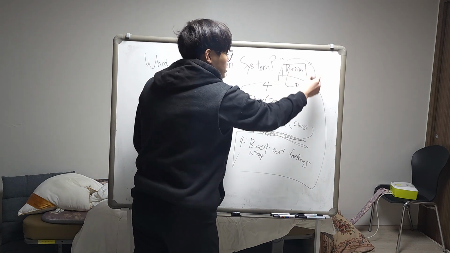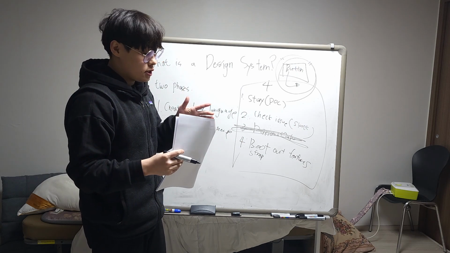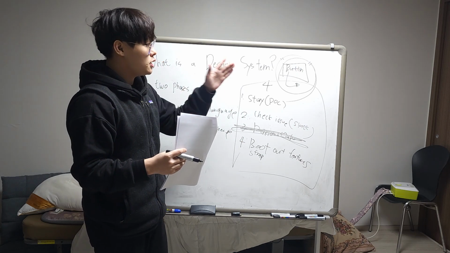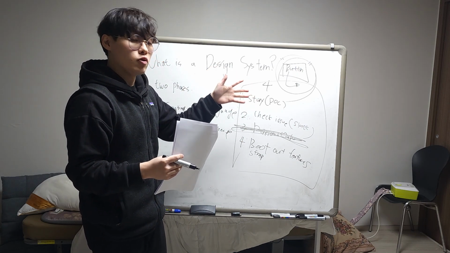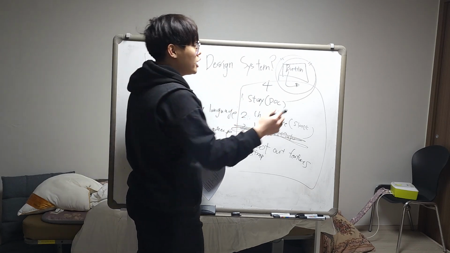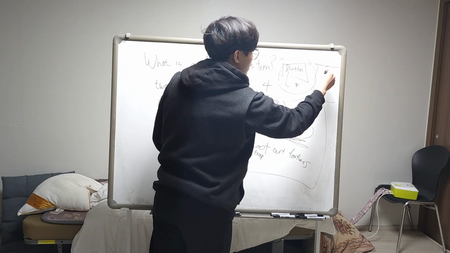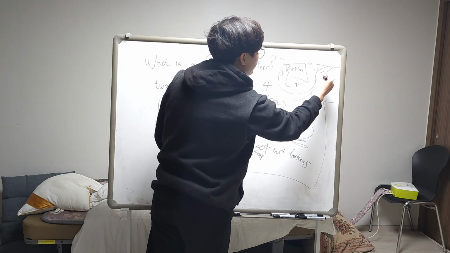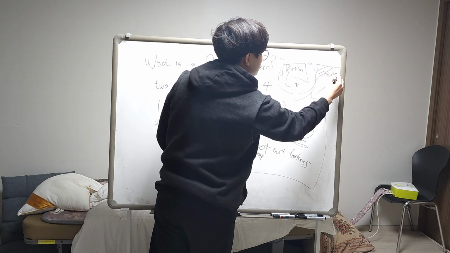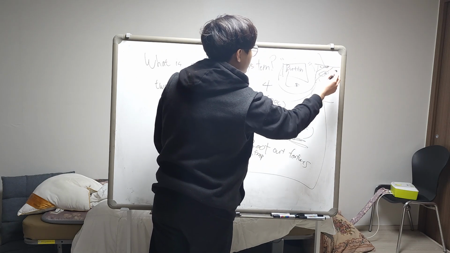But this button is actually React or Angular code. So what we have to do is look at the plugin of Figma or Framer, copy and paste this button component, and then implement business logic.